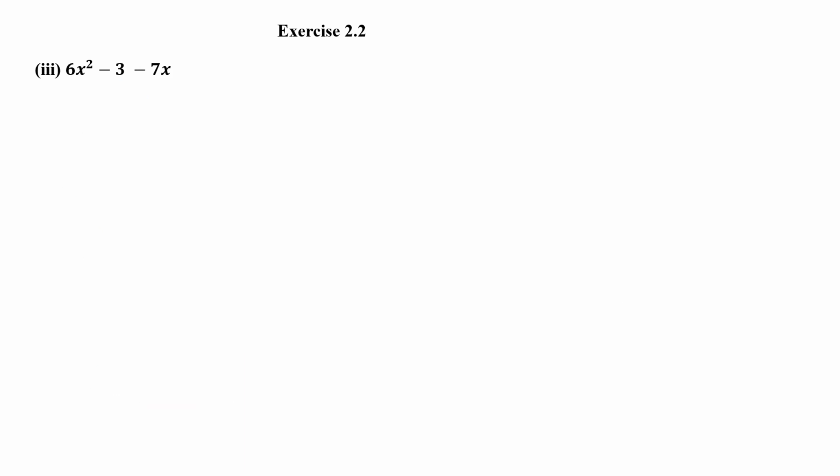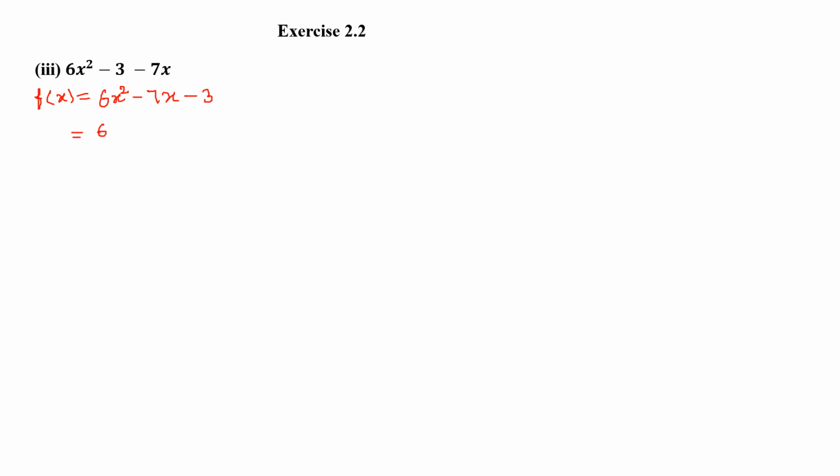Now the third question: 6x square minus 7x minus 3. Again I am going to assume this as f of x equal to 6x square, and I am rearranging it. First I am writing the coefficient of x and then the constant term. Now let's factorize it.